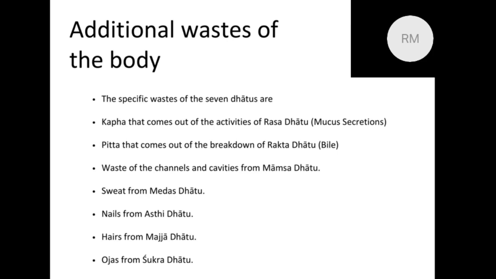So this is Pitta, Kapha, and then we have Rakta Dhātu or bile. So Ayurveda says that this Pitta, which comes as a waste, is actually produced out of Rakta Dhātu or blood.